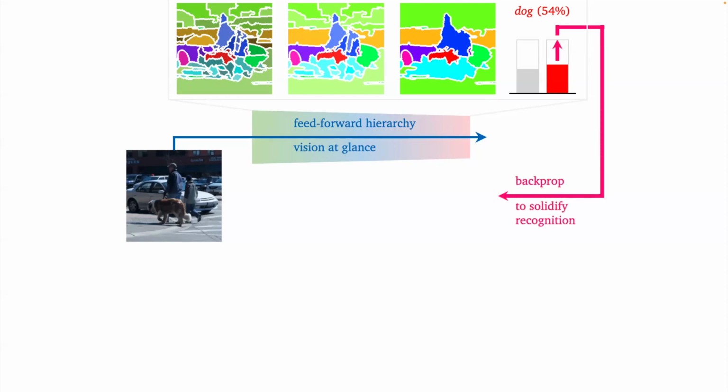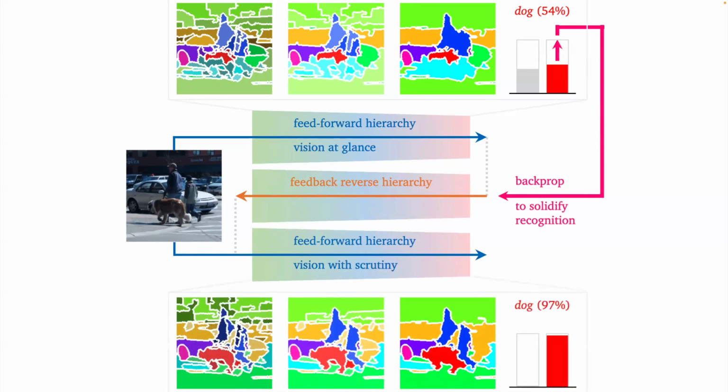So I'm going to increase the activation, and that triggers backprop. And then I'm going to modify the weights for this image. Once it's modified, in supporting this recognition, I'm going to feed forward again, and you see the dog comes out in whole. The recognition shoots up to 97%.